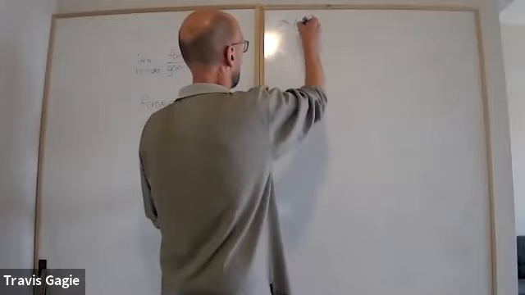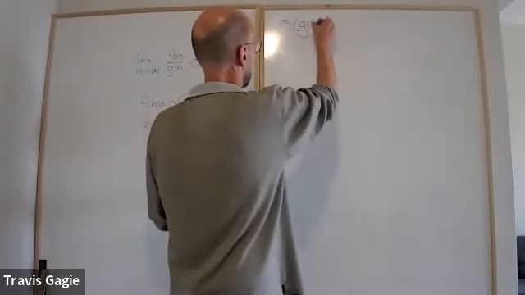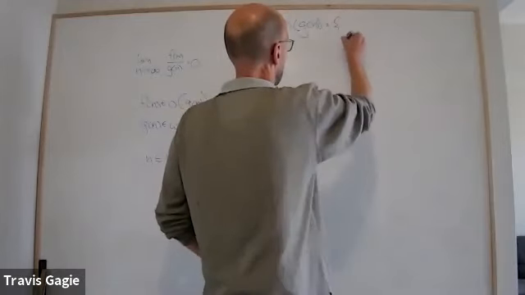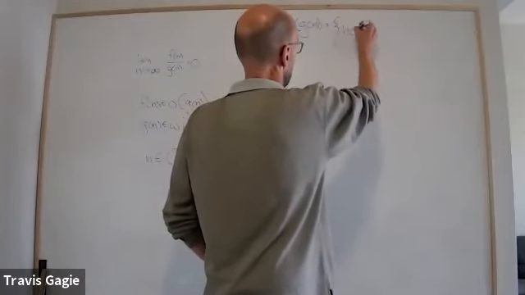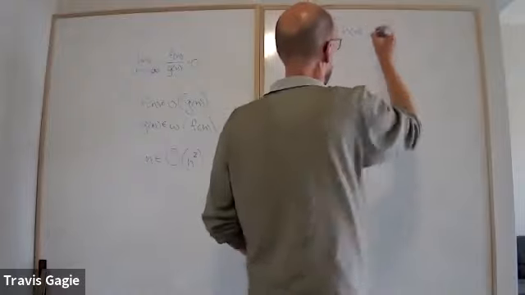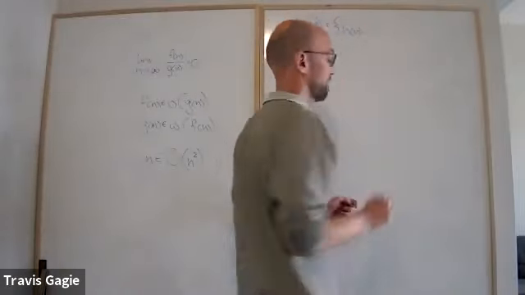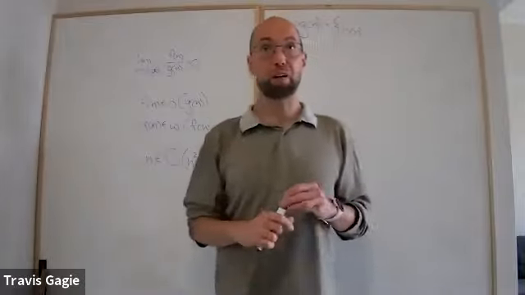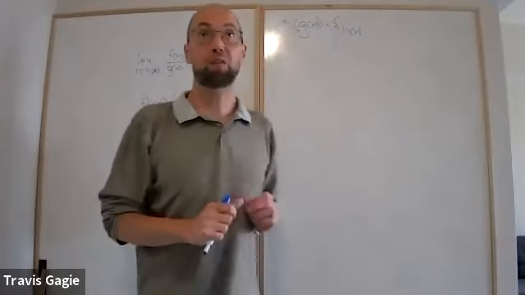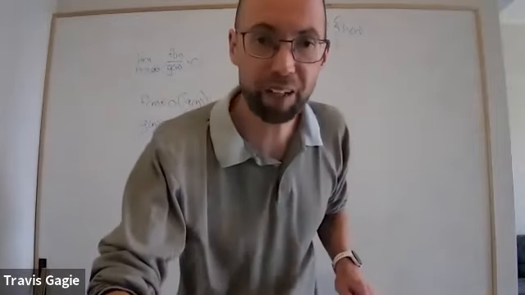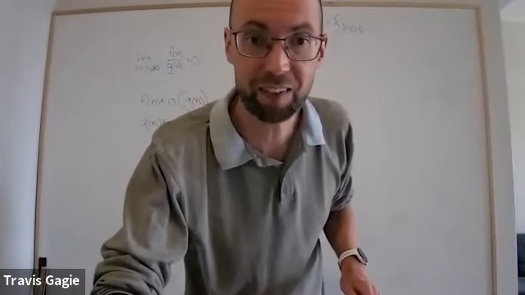It's the set of functions h of n such that h of n is at most about g of n. But "at most about," in this case, has a very specific meaning.